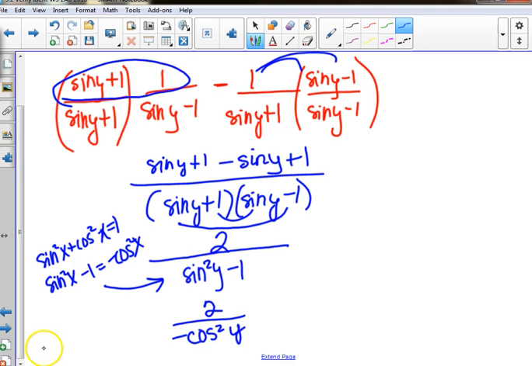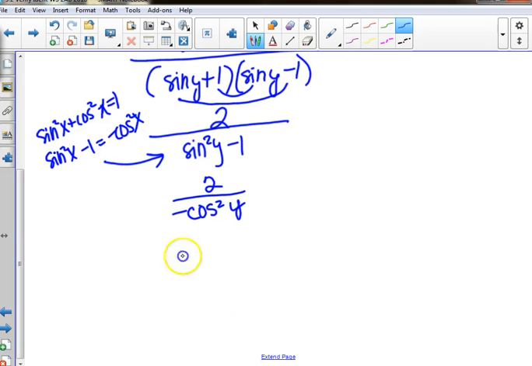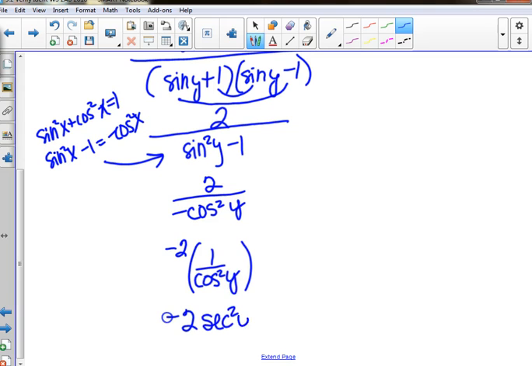Then what? I'd kind of be okay if you just went directly to the right-hand side because I think most of you get it. But if I move the negative and the 2, what's left? 1 over cosine squared, which is secant squared, which is what we had to get on the right-hand side.